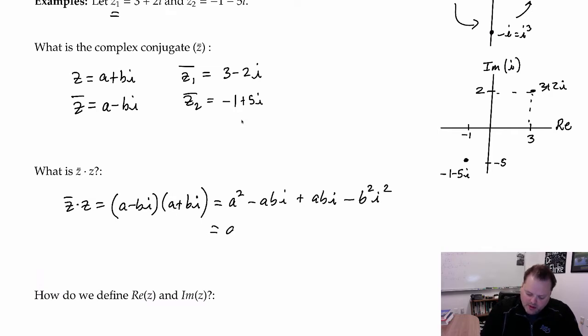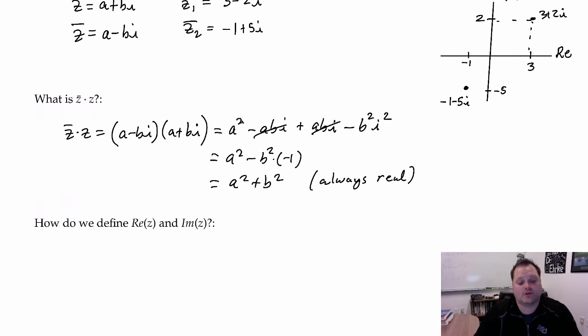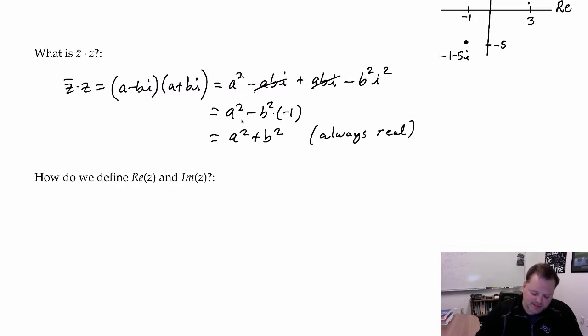But remember, i squared is negative 1, so it's minus b squared times negative 1, or a squared plus b squared. So a complex number times its conjugate is always a real value. We're going to talk more about that real value coming up very soon, but that's z bar times z.